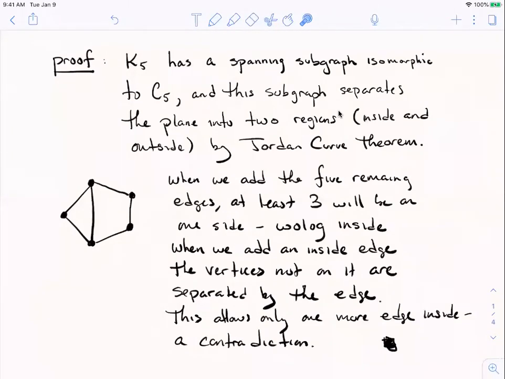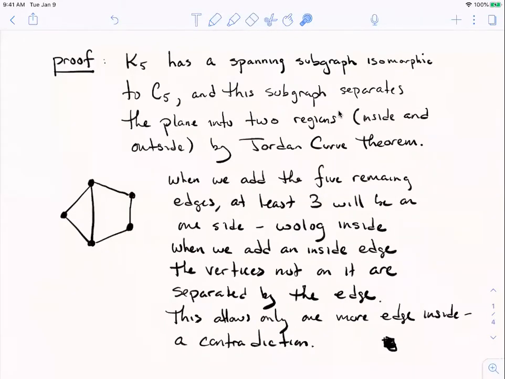So I start adding these edges. So I've drawn one of them here, and notice that when I draw that new edge inside, then it isolates one of the vertices away from the remaining 2. Yeah, no matter where I drew it. If I drew that edge, say right here instead, it would isolate this vertex away from the other 2. So when you add that first inside edge, it separates the vertices.